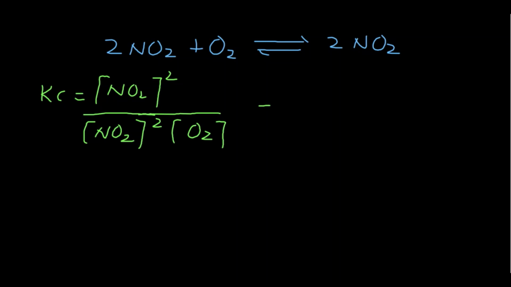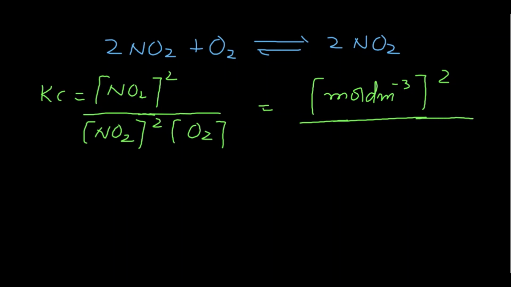Now we will write the unit of concentration in moles per cubic decimeter for reactants as well as for products. So we write the unit of concentration for this reaction. It would be equivalent to mole per cubic decimeter raised to the power 2 over mole per cubic decimeter raised to the power 2 into mole per cubic decimeter.